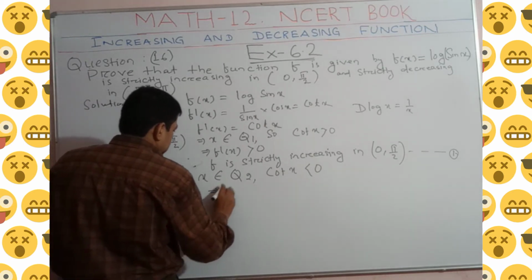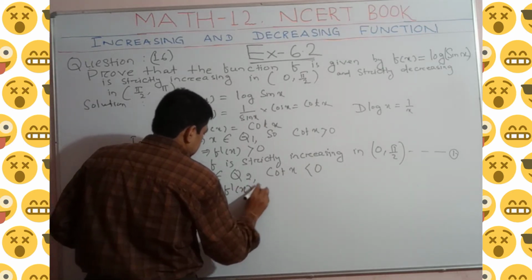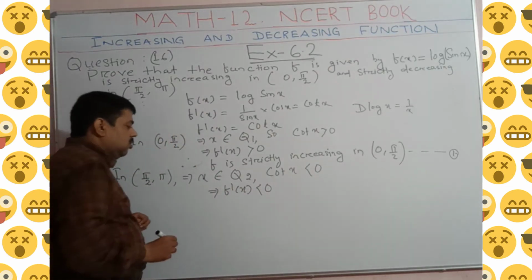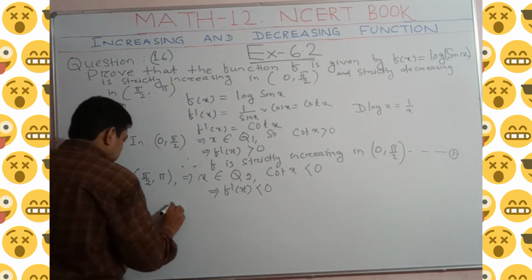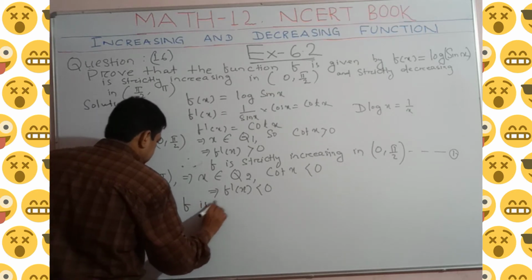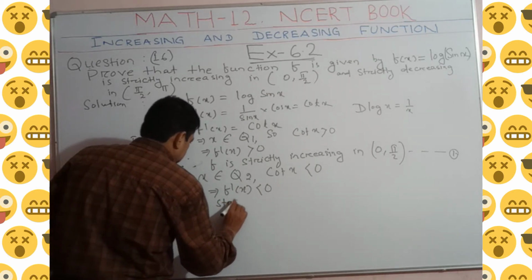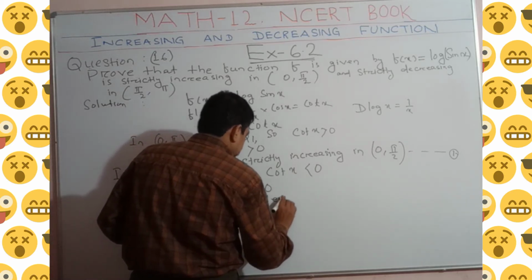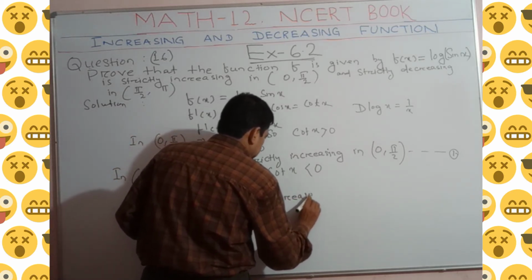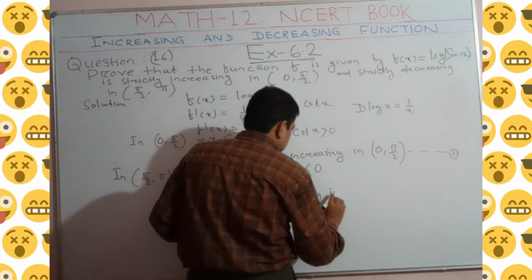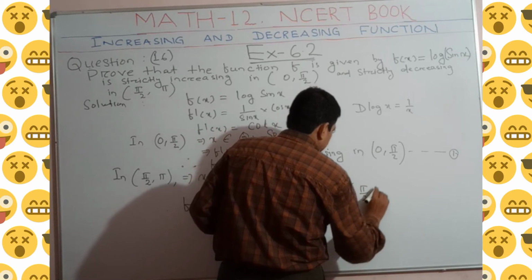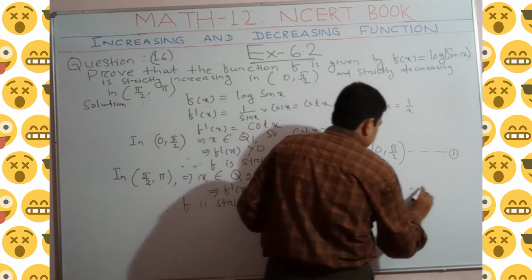That implies f dash x is less than 0. Since the slope of the function is less than 0, understand? Hence, the function f is strictly decreasing in the interval pi by 2 to pi. This is the second point.